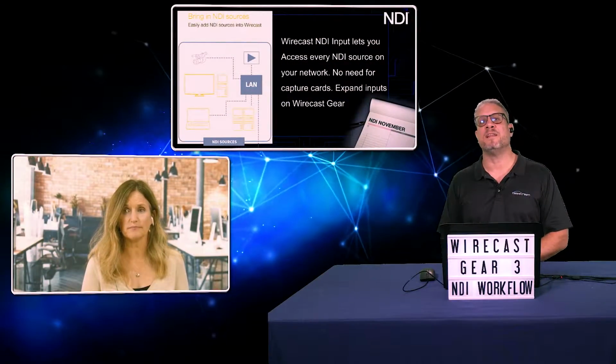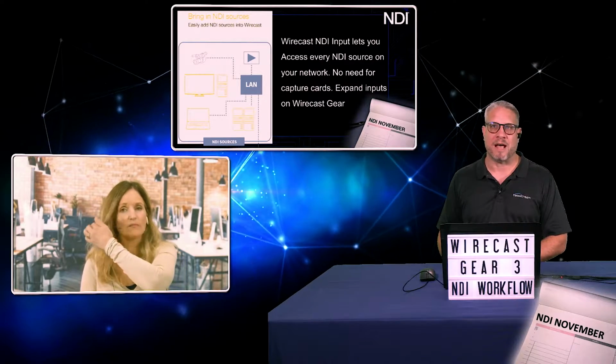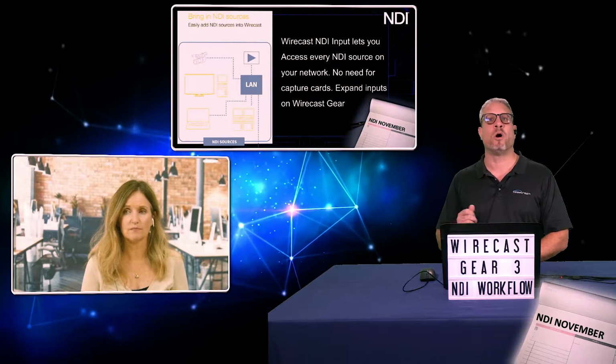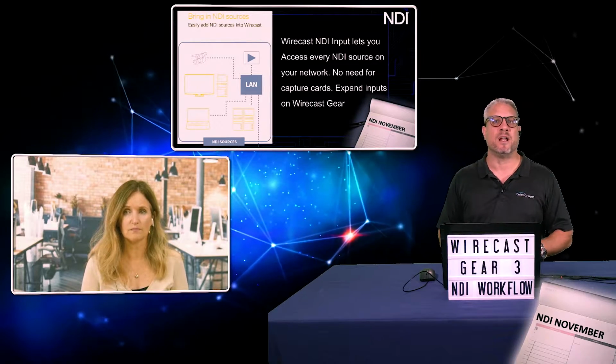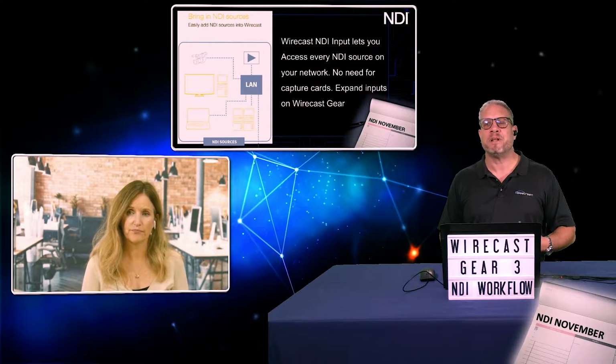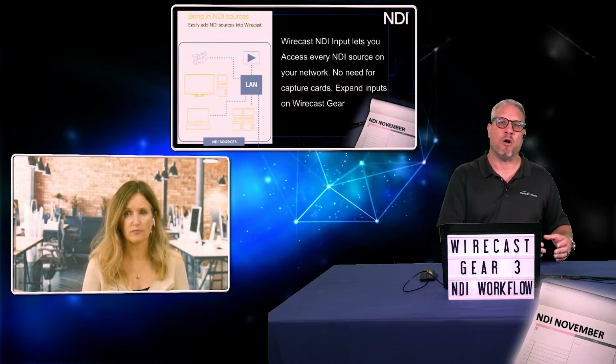Absolutely. And I think that's one of the things that I really want to emphasize, because Wirecast is a software platform. And not only is it a software platform, but it's also Mac or Windows based. So you can put it on a variety of different machines out there. Realize that a potential bottleneck can be the computer system that you're running it on.